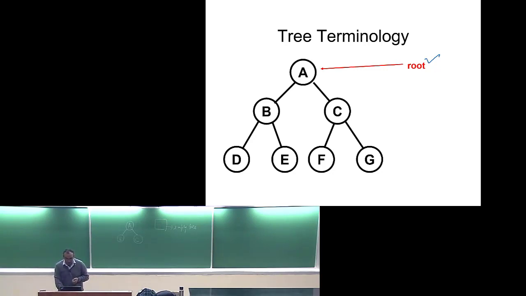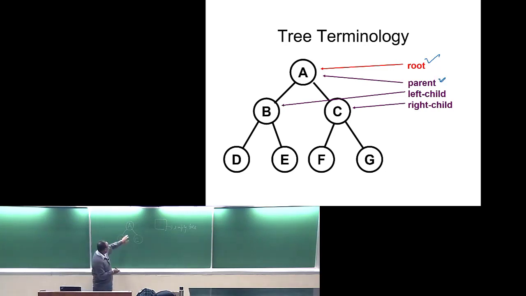Fine. So after that, let's learn a few other terms. The root is an example of a parent, right? So here A is a parent and these two are the children, and in fact B and C are what? Siblings of each other, right? These two nodes are siblings of each other. Why are they siblings? Because they share the parent.